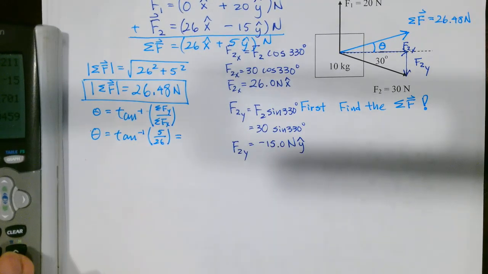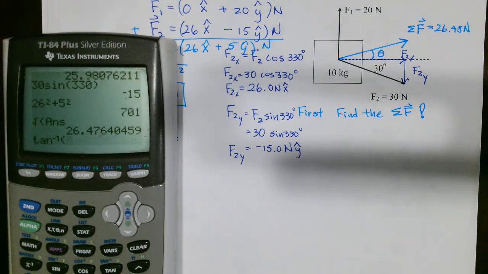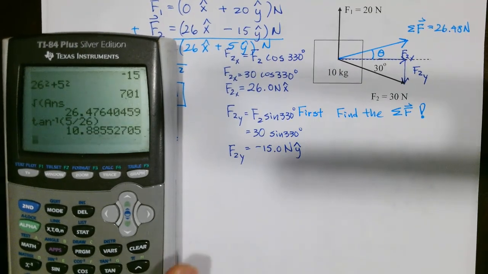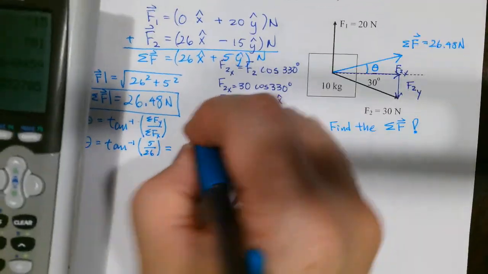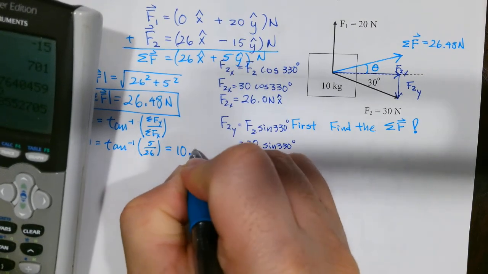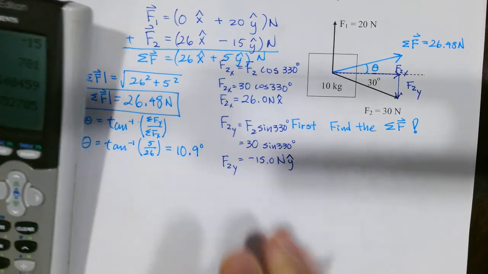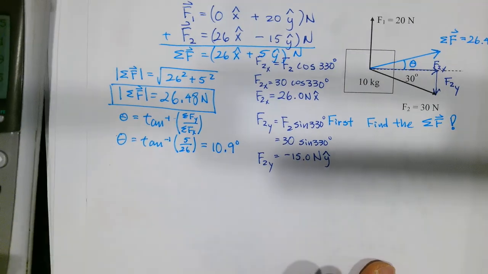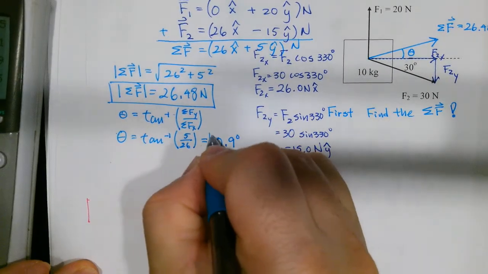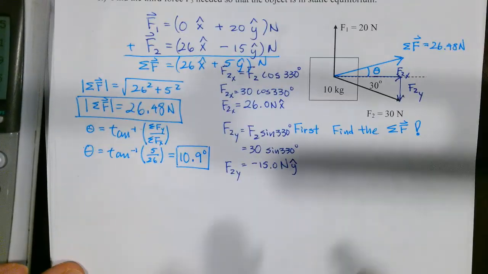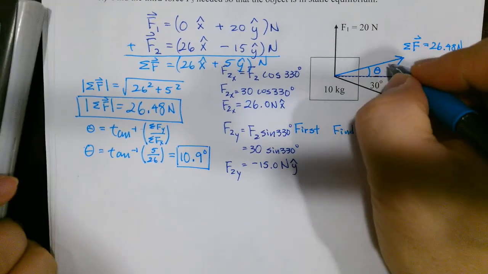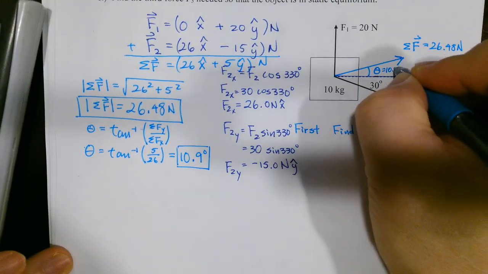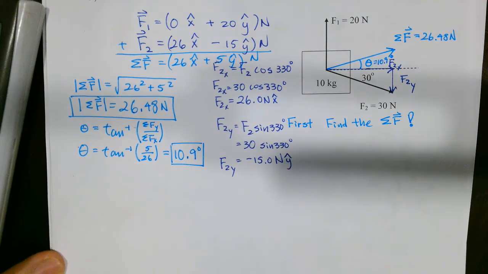Tan inverse of 5 divided by 26, and I get 10.9 degrees. So this angle here is 10.9 degrees.